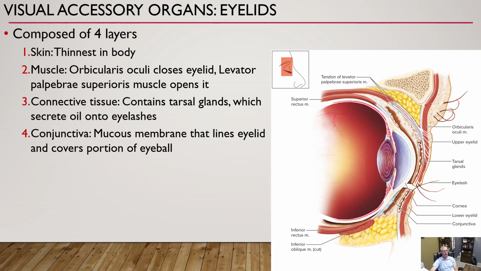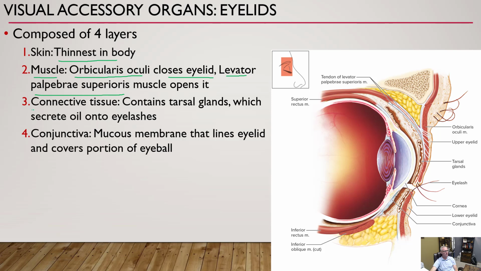Our eyelids actually have 4 layers. We have skin. It's actually the thinnest skin in our body for our eyelids. We have muscles that are associated with our eyelids. The orbicularis oculi actually closes our eyelids. Our levator palpebrae superioris opens our eyelids.